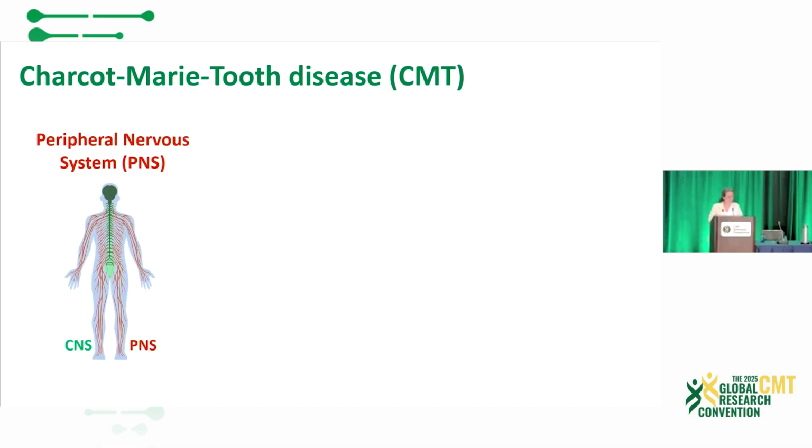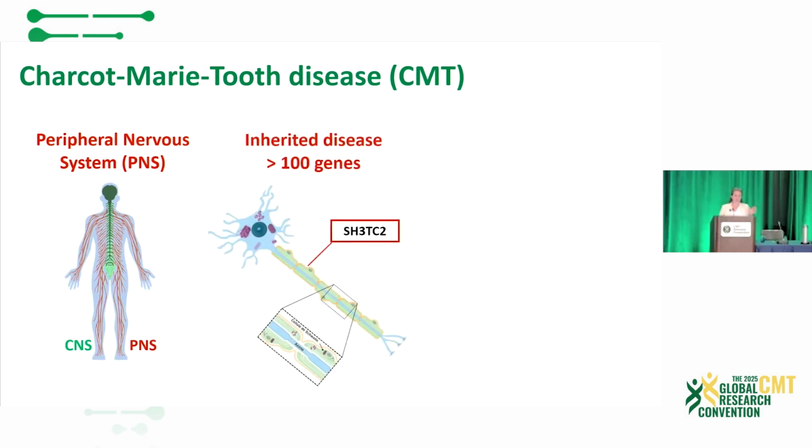Charcot-Marie-Tooth is a disease that touches the peripheral nervous system, and there are more than 100 genes involved. Today we will focus on SH3TC2, involved in the demyelinating form of the disease.